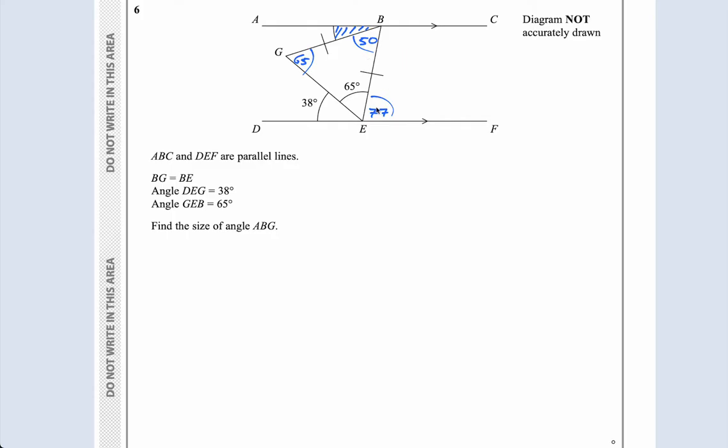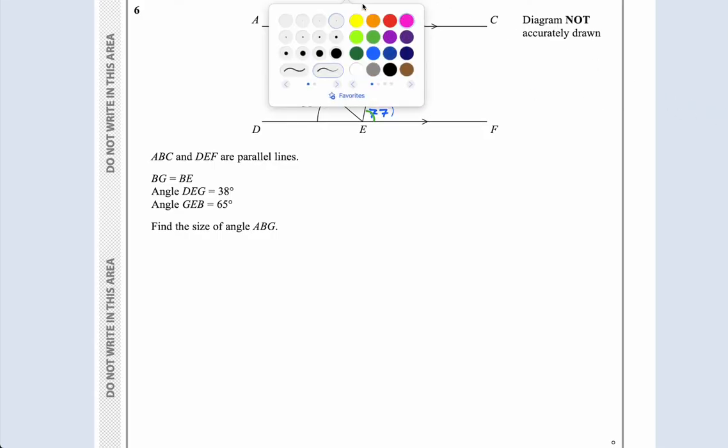Okay, now I am going to use this 77, guys, because this big green angle equals this angle. Let me just show you like this.